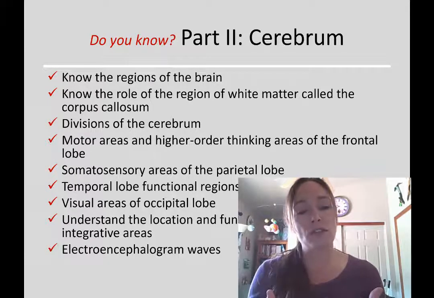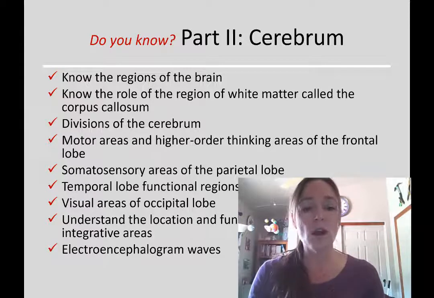So in front of the central sulcus, which divides the frontal and parietal lobes, you have the precentral gyrus. The precentral gyrus is also known as the primary motor cortex. And the postcentral gyrus, the one right behind, that's part of the parietal lobe, is known as the primary somatosensory cortex.